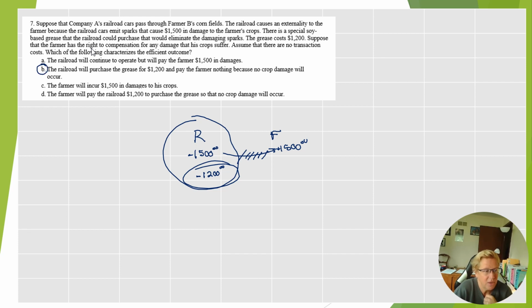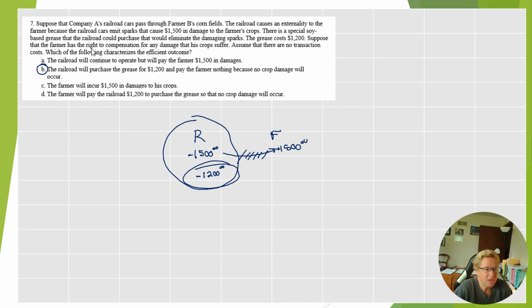It's my favorite. The farmer will incur $1,500 in damages for his crops? Maybe, maybe not. It only depends if they could cause a spark. It doesn't say that's going to happen, but it could. So I'm going to say no, we're not going to pay for his crops, because then why would we even be in business, right?